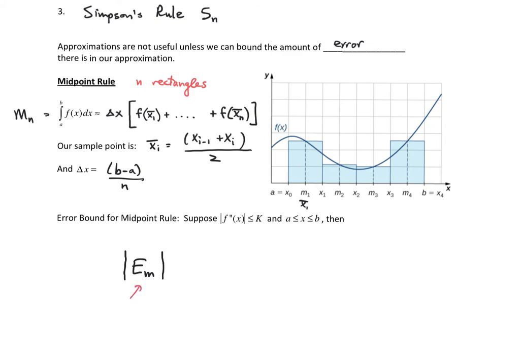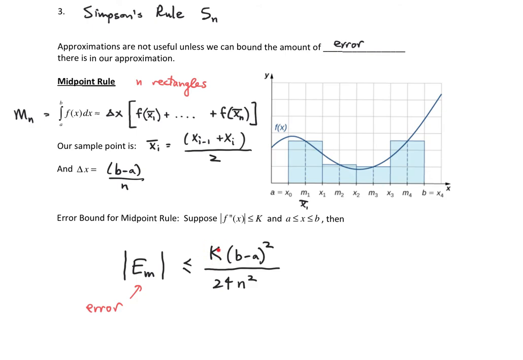So this is the amount of error right there. And this is bounded from above by a number. Now this number involves a constant K times the width of the interval, b minus a, squared, and then we're going to divide by 24 times n squared.